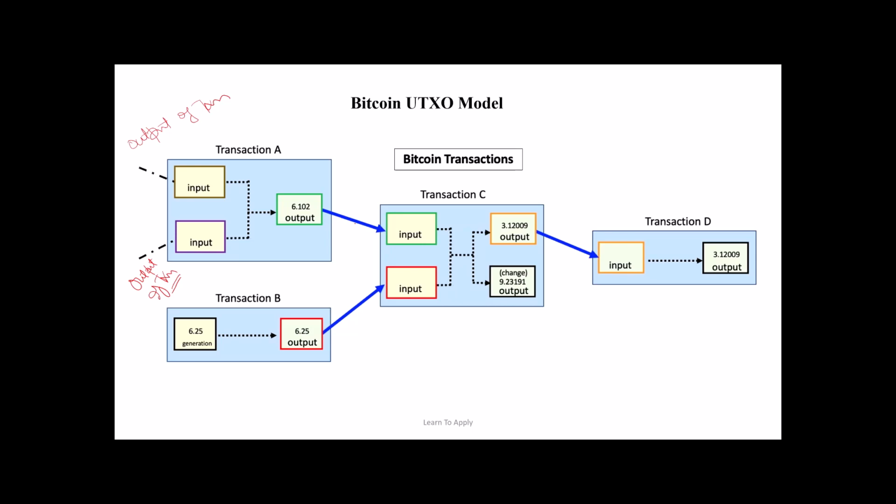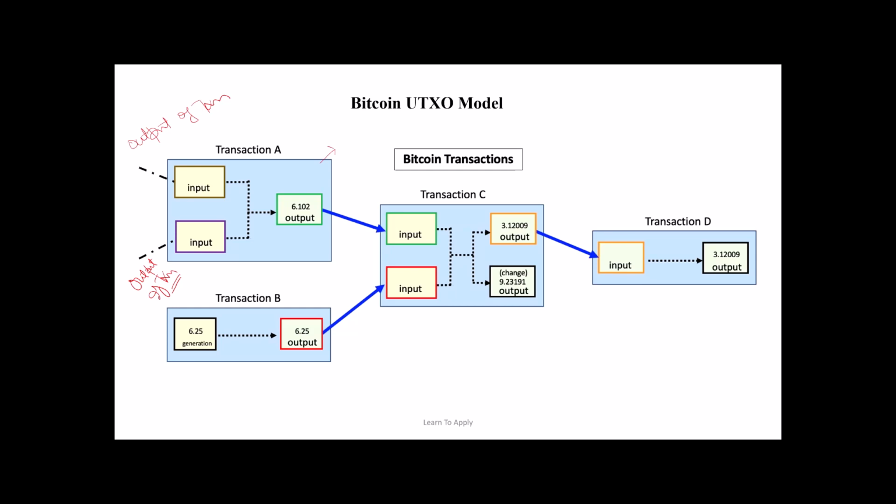Now what we are doing inside transaction A is creating another output. From those inputs we are creating an output. So the main point here is that a transaction is basically a set of inputs and a set of outputs. And these inputs are basically the outputs of other transactions.